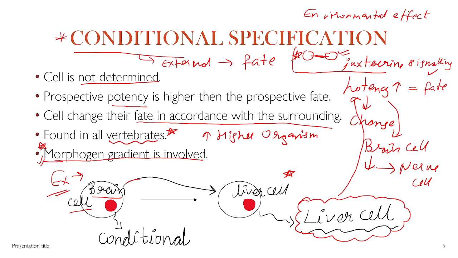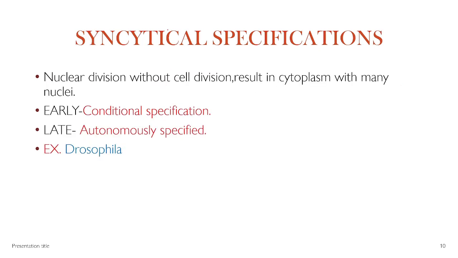Now moving further to syncytial specification. Syncytial specification, its example is Drosophila. So in Drosophila what happens is there is only nuclear division. Only nuclei are dividing.